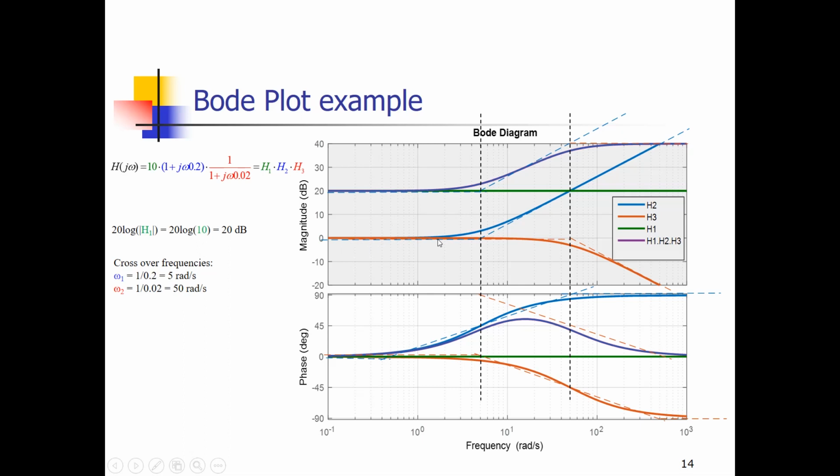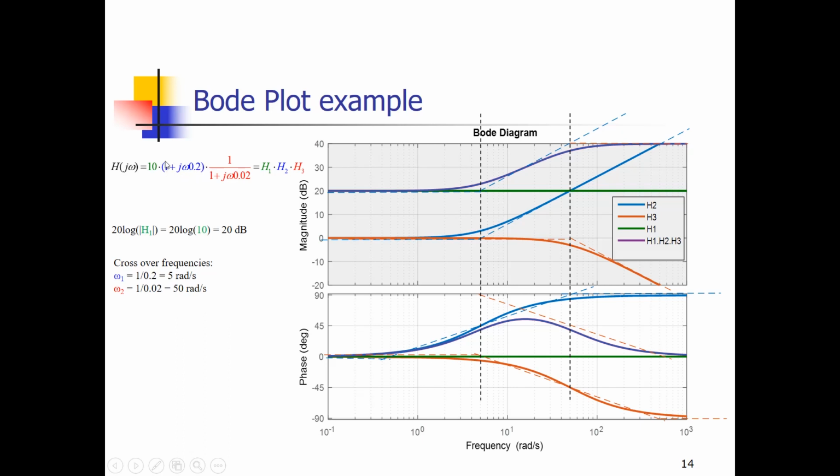And from a crossover point, so at the crossover frequency, we know that this system will have a slope of plus 20 dBs per decade. Why is it a plus 20 dBs per decade? Because at higher frequencies, this amplitude is increasing because this is in a numerator.